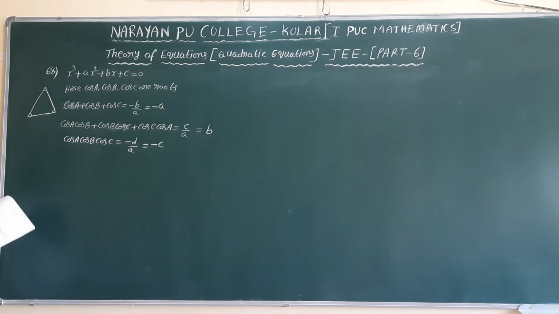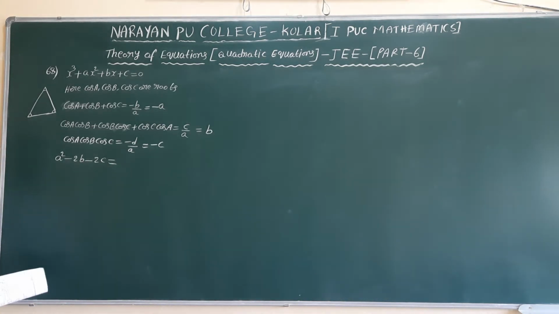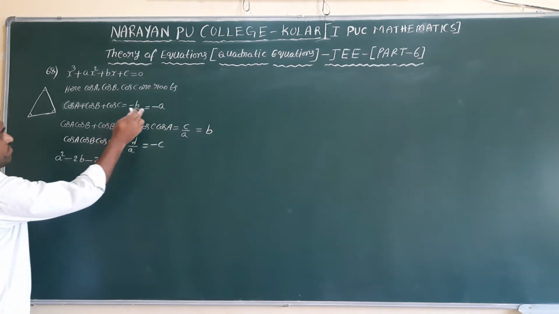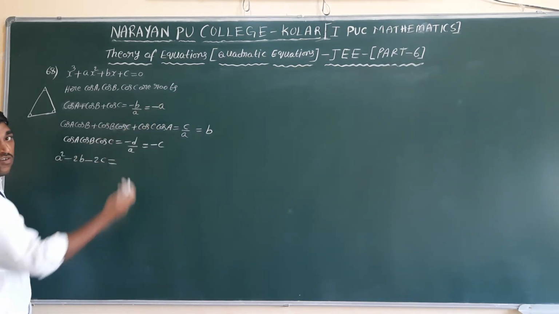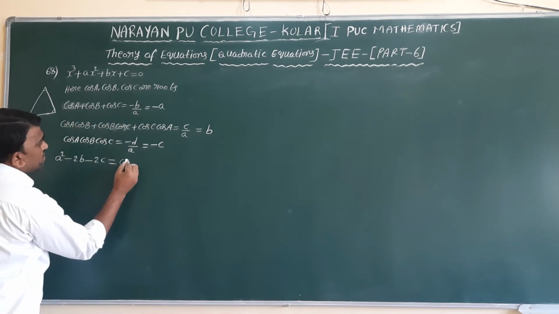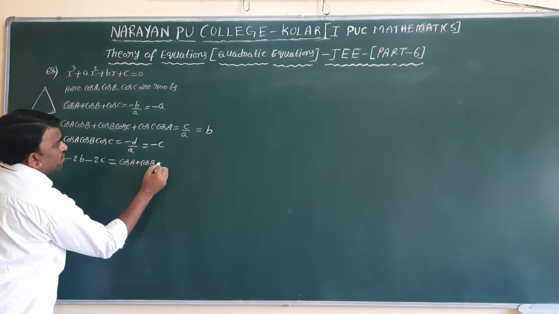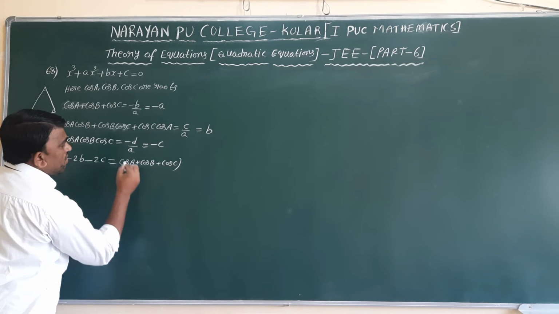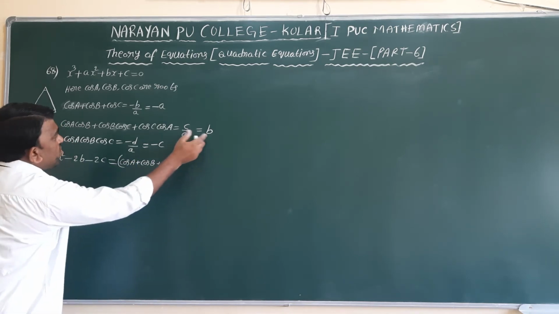Now we are asked the value of a square minus 2b minus 2c equal to how much? So a square: minus a whole square is a square only. Then in place of that we can write cos a plus cos b plus cos c whole square, minus 2 into b.